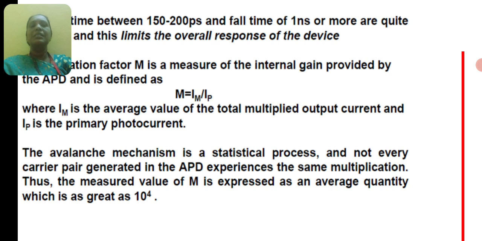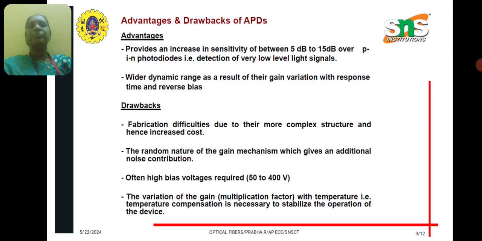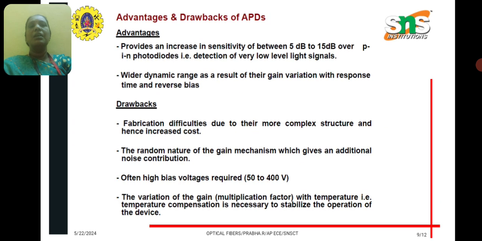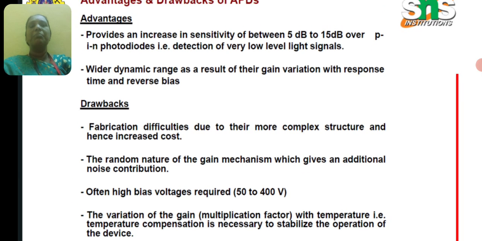The avalanche mechanism is a statistical process, and not every carrier pair generated in the APD experiences the same multiplication. Thus, the measured value of the multiplication factor M is expressed as an average quantity, which can be as great as 10 power 4.